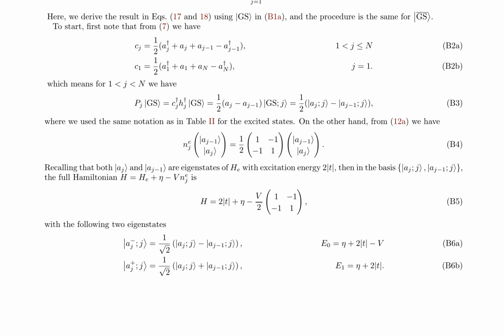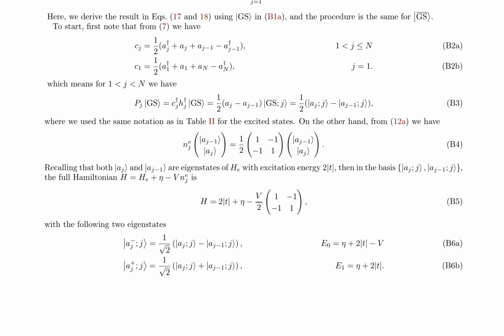The coefficients Cj are expressed in terms of the creation and annihilation operators Aj, as shown in equations B2a and B2b. For 1 less than j less than n, the action of Pj on GS is calculated, resulting in equation B3, which is used to find the excited states.